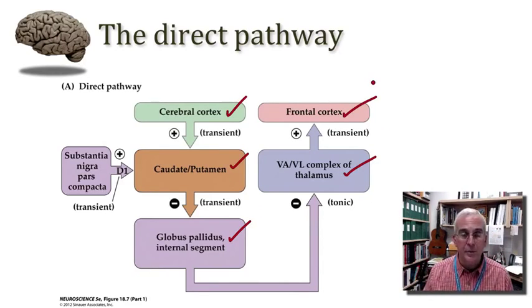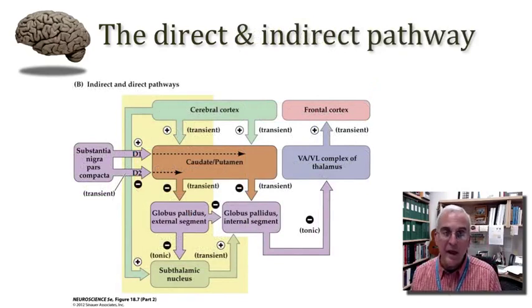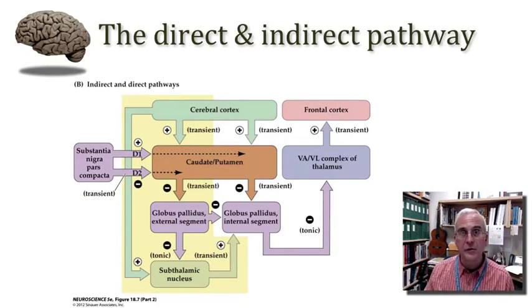There's an indirect pathway. The indirect pathway actually, I must admit, looks worse than it is. What we have in this illustration is a combination of the direct and the indirect pathway. So the direct pathway is what we find to the right-hand side of this figure. The indirect pathway is the portion of this figure that is backed by that yellow field.